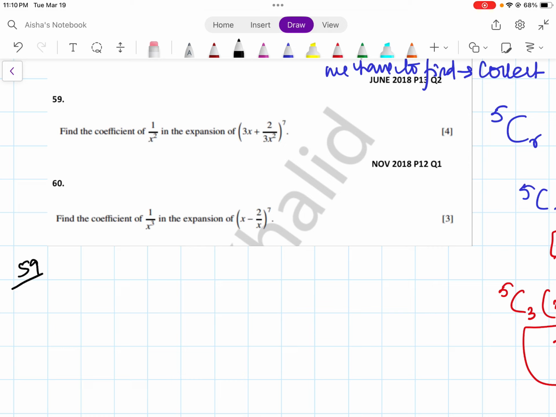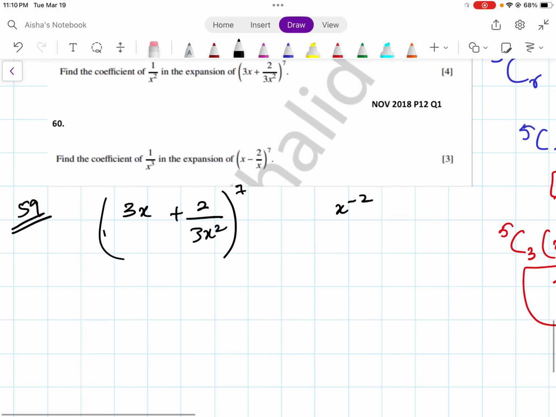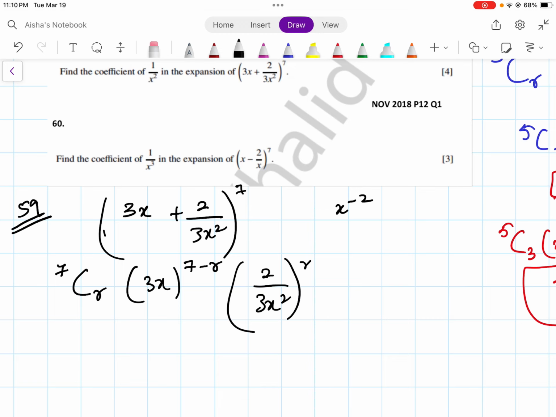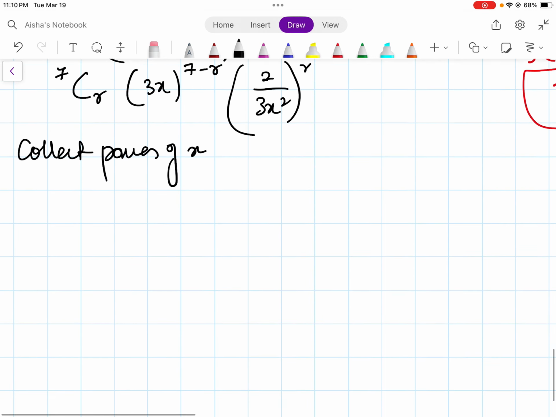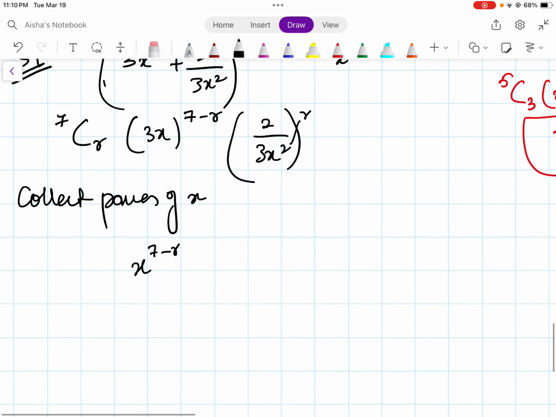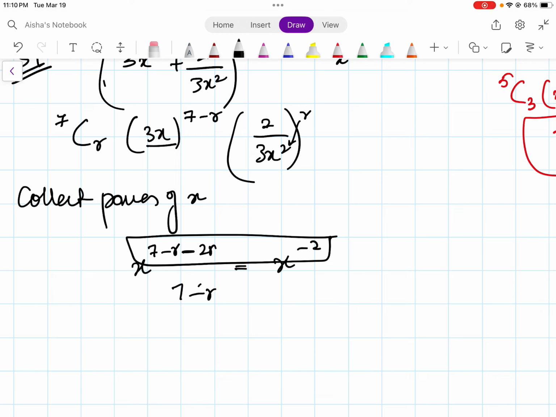Explaining the concept once again using question 59. 3x plus 2 upon 3x squared, to the power 7. Now I need x to the power minus 2, because it's 1 upon x square. 7Cr. I will collect powers of x. x to the power 7 minus r, and this is going to be 2r. When it goes up with the numerator x, it will become minus 2r. 9 upon r is 3.